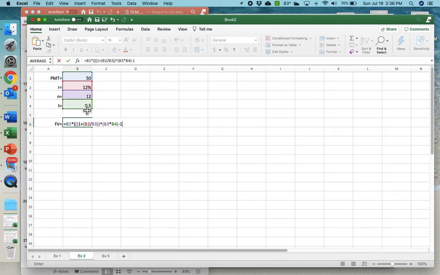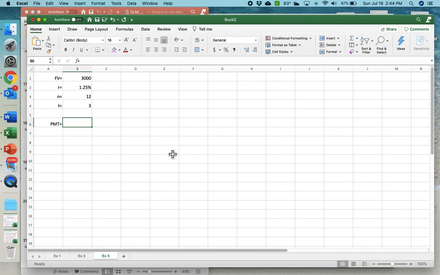Then minus 1 and a parentheses around everything on the top, divided by parentheses around the bottom, R divided by N, and parentheses around everything that we're multiplying times 50.